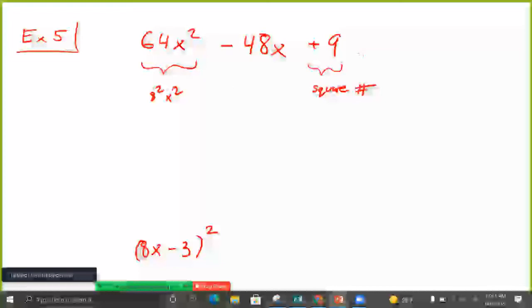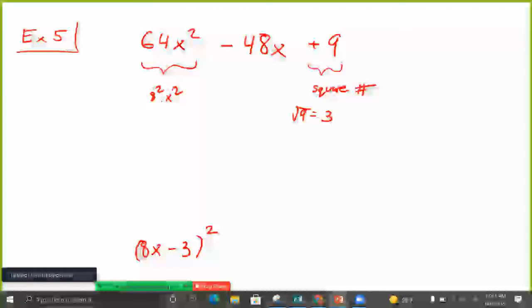Let's see. If we went about it with the perfect square, the square root of 9 is 3. So ideally, it would be like x plus 3 squared, but it's not going to work like that because we've got the 64. It's got a square root we're dealing with as well.